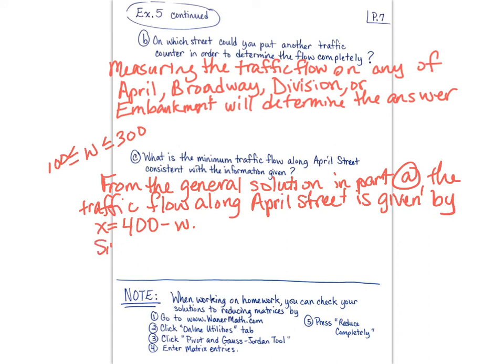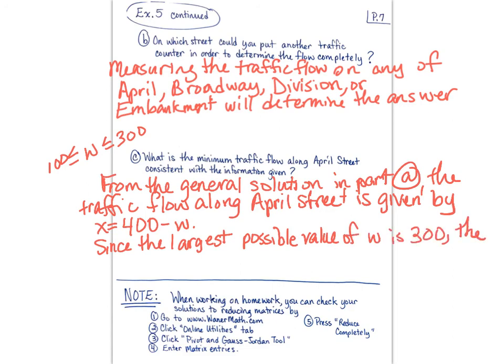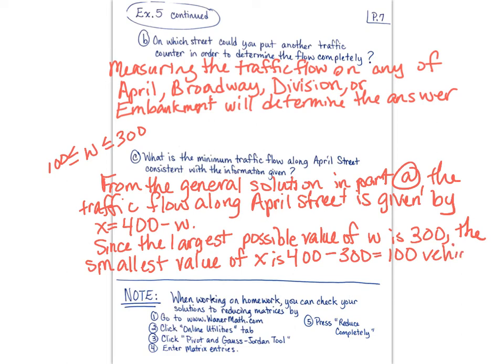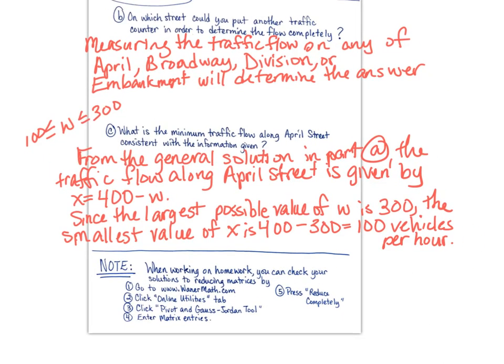So since the largest possible value of W is 300, the smallest value of X will be 400 minus 300, which equals 100 vehicles per hour, which answers our question.